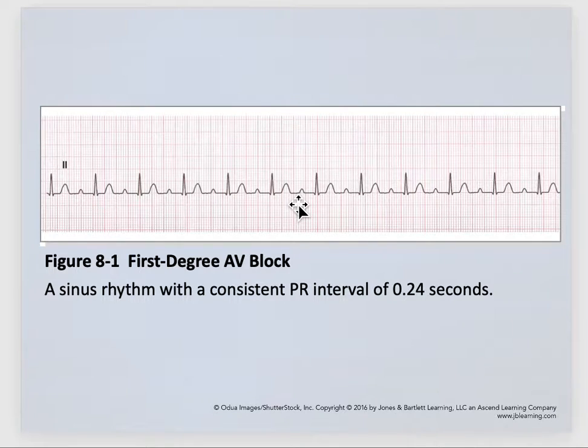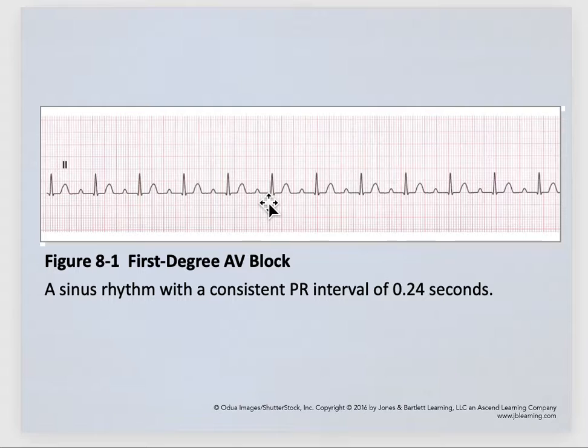The P, the QRS, the T, everything looks very systematic. However, when you count how long the waves are, you count the boxes from the beginning of the P to the beginning of the R, that PR interval. And if you count the boxes on this slide, we have 0.24 for the PR interval. That is bigger than 0.20. Voila, the answer is a first degree.